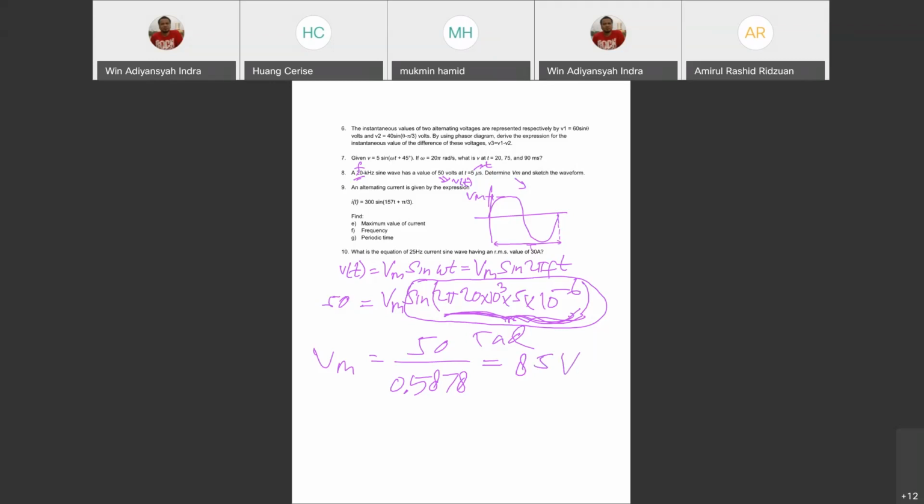Okay, what about T? T is simply T equal to 1 over F, right? So F just now is 20K.